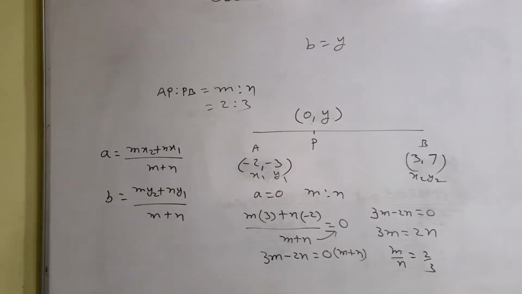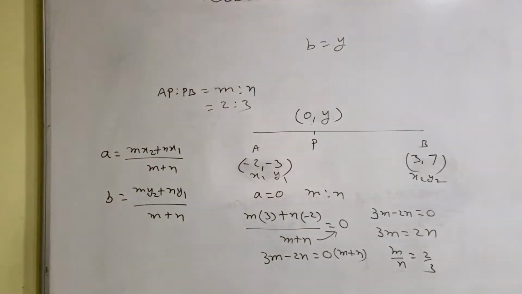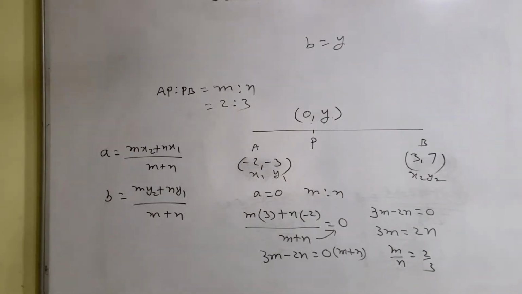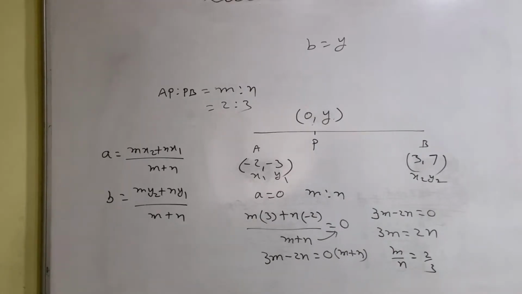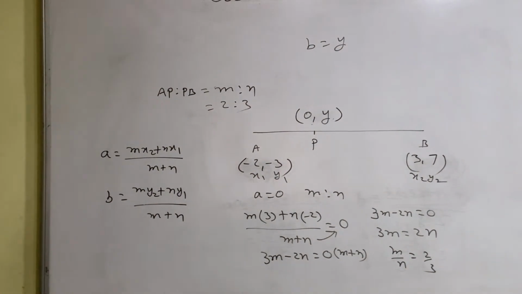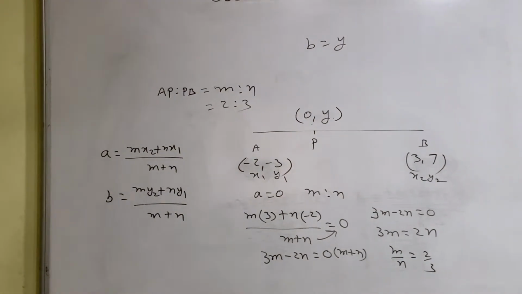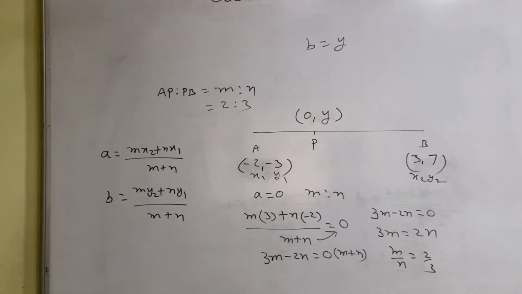Okay, find out the y value first. y1... Zero comma 1, sir.